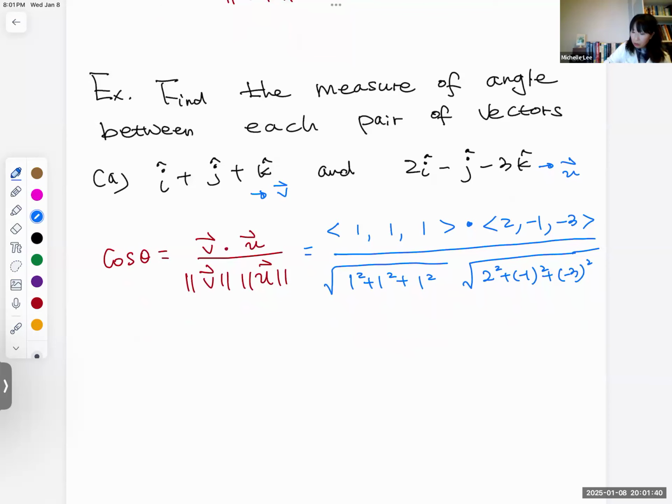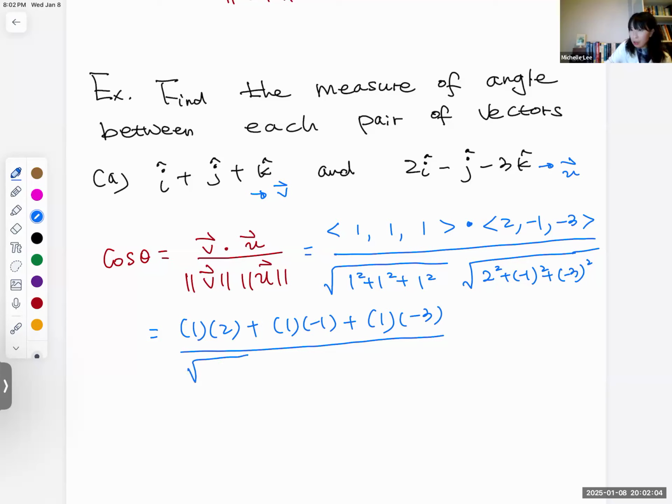Okay, so we still need to calculate the dot product of two vectors, right? So that will be 1 times 2 plus 1 times negative 1 plus 1 times negative 3. Okay, then over the square root of, that is the 3, square root of, there is a 42, right?